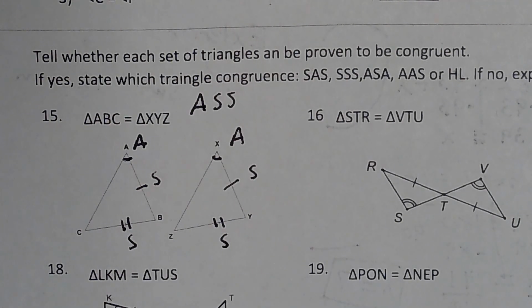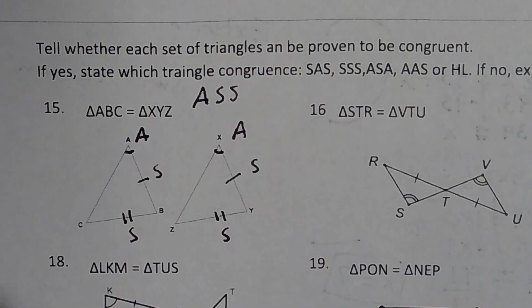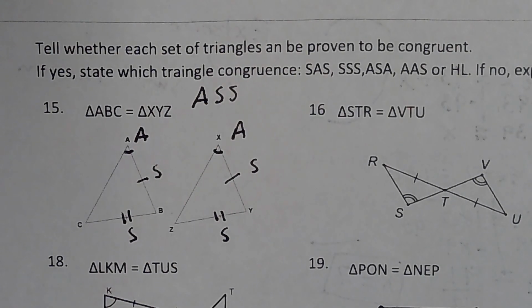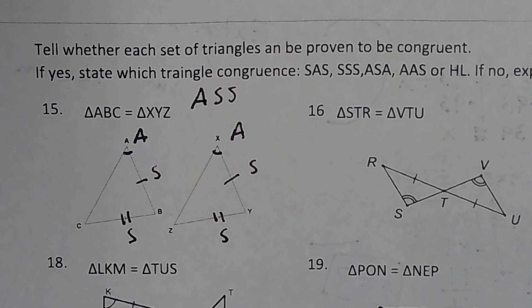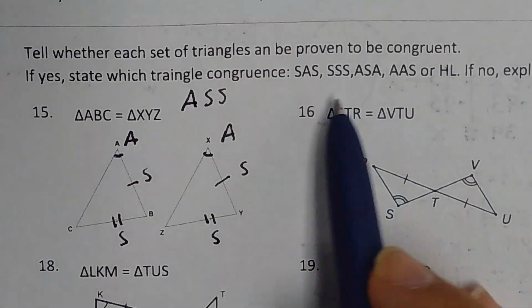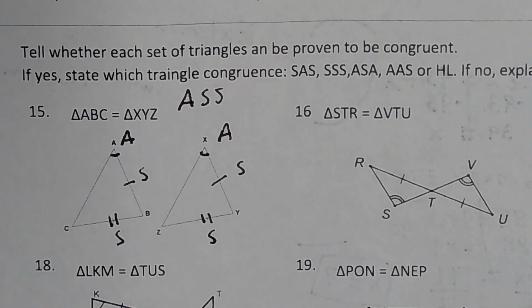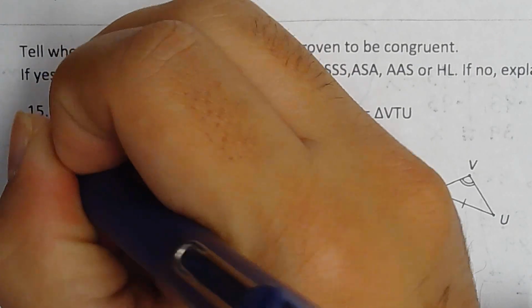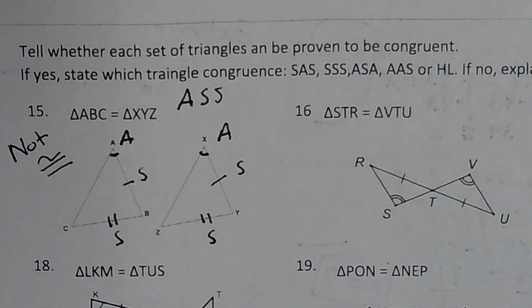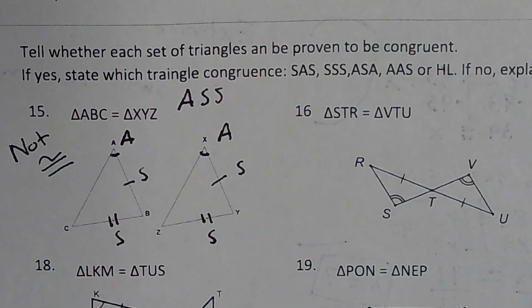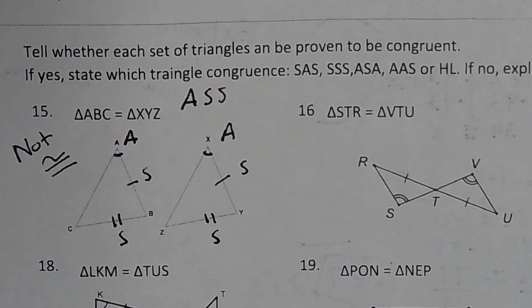So anytime you see that combination of letters, it's not congruent. Okay? Is ASS one of these up here? It is not. Therefore, they're not congruent. Any questions on number 15?